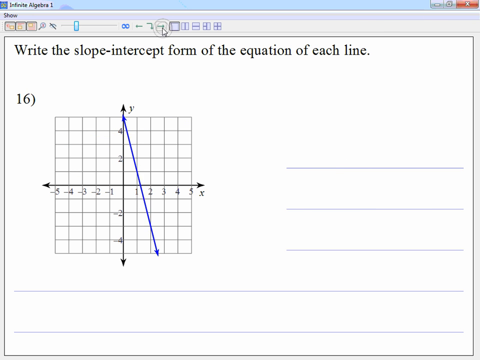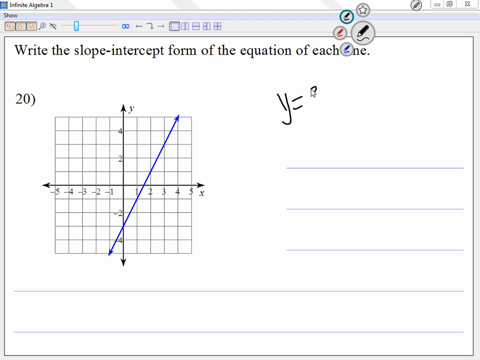All right, any questions? To give you guys a heads up on the quiz for tomorrow, there's 20 questions. The first 5, I can give you something like y equals 2/5 x plus 3.